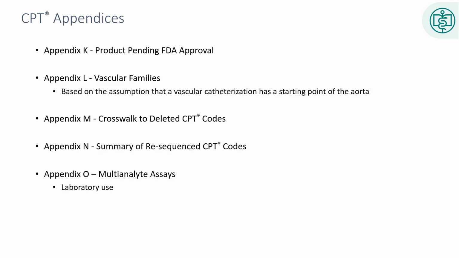Appendix N is a table of CPT codes that do not appear in numeric sequence in the listing of CPT codes and the code ranges with their corresponding locations. Rather than deleting and renumbering, resequencing allows existing codes to be relocated to an appropriate location for the code concept, regardless of the numeric sequence.